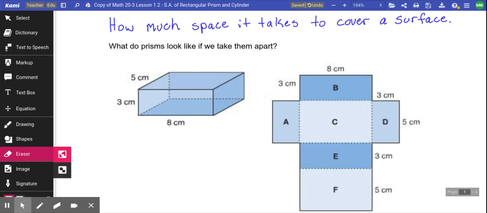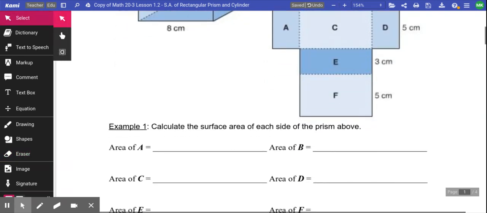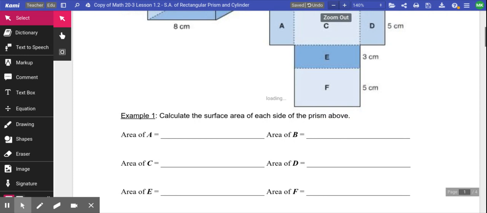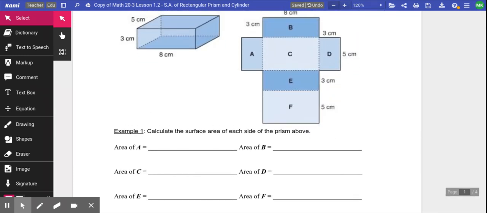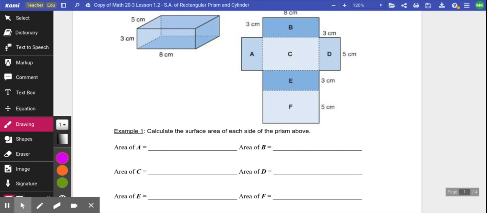So below, I have it labeled nicely. The surface area of each individual little section. So for instance, the area of side A, this one little side over here, would be 15 centimeters squared. So side A is this one right here. Let me do it in purple, which means it's this side over here.